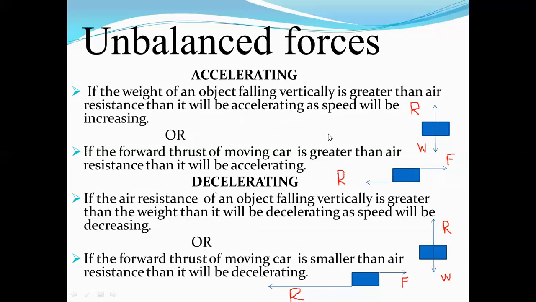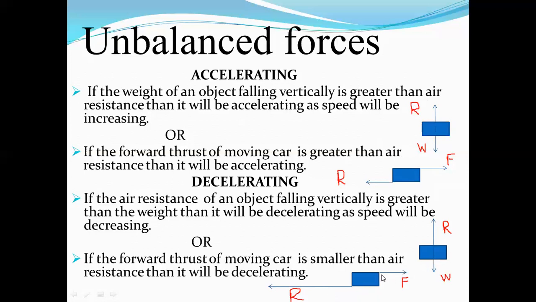In case of the accelerating situation, the upward and downward forces over here will not have equal length. Their lengths will not be equal. In deceleration, the direction of air resistance is backward and the direction of the forward force, that is the thrust, is acting in the forward direction towards right.